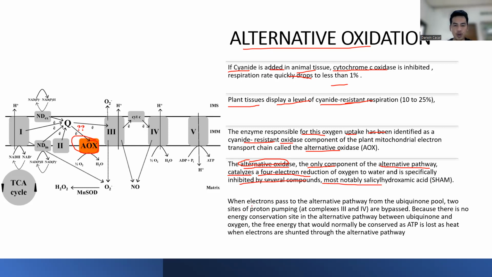So when electrons pass to the alternative pathway from the ubiquinone pool, this is the electron.